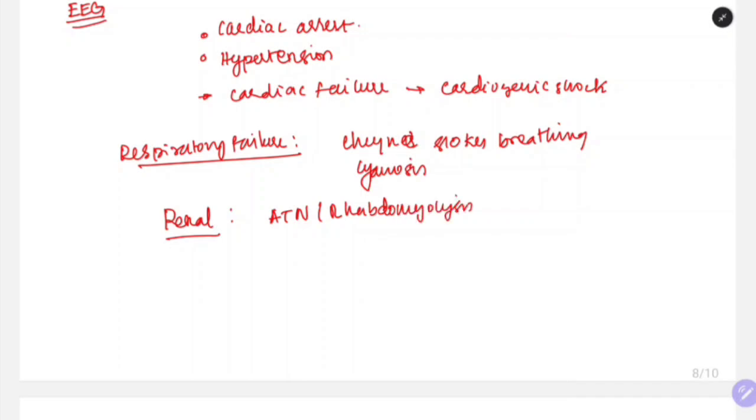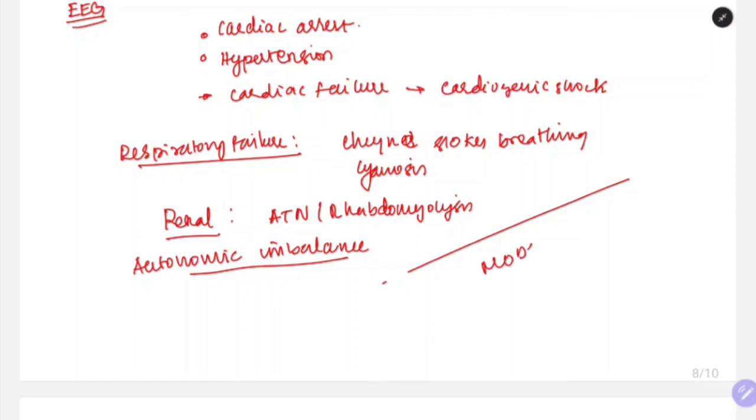There is also going to be autonomic imbalance, and, very important, ultimately the patient can go to multi-organ dysfunction. Some questions asked are: is it associated with fracture? Yes, it is associated with shoulder dislocations also.